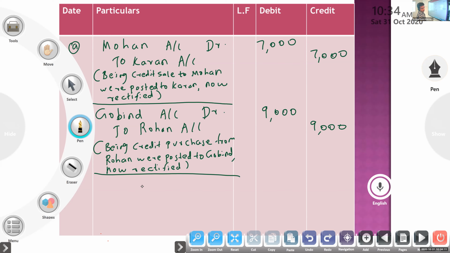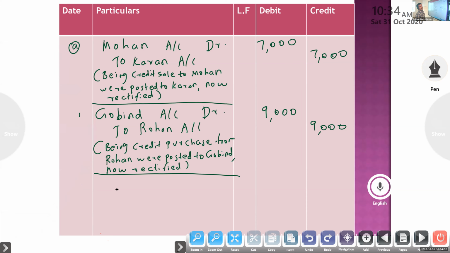Goods returned to, not from. Ragesh is debit. Purchase return. Yes, purchase return. So Ragesh is debit or credit? Purchase debit, so purchase return credit. So Ragesh will be in this entry debit.